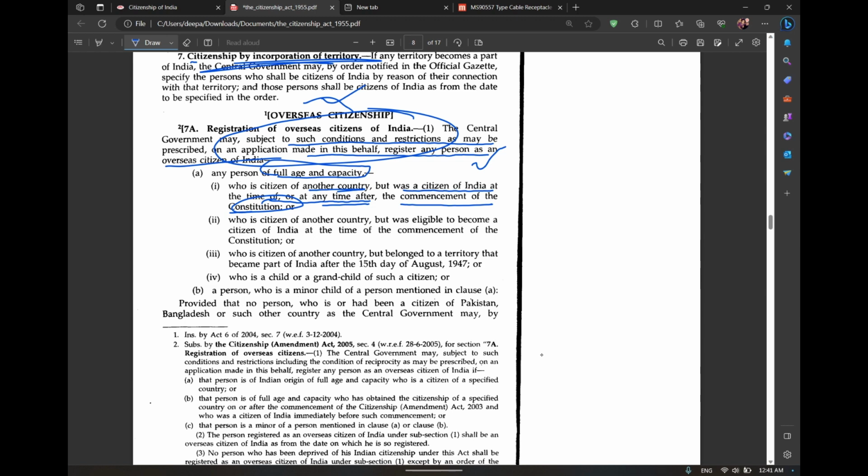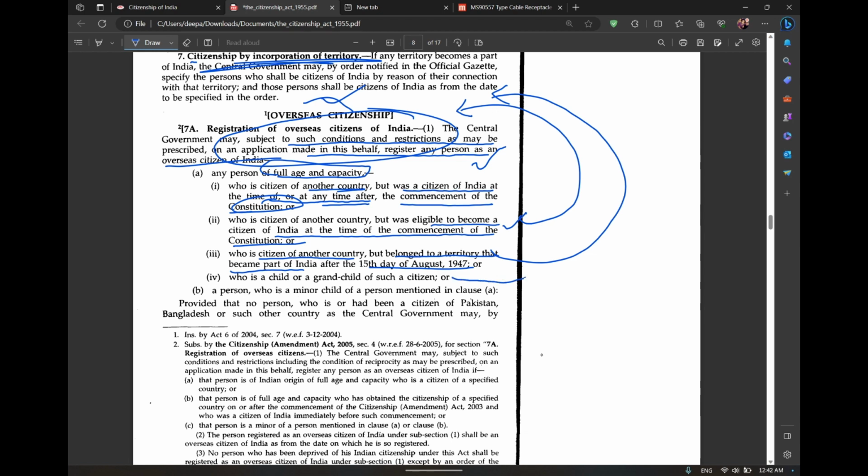Further, a person who is a citizen of another country but was eligible to become a citizen of India at the time of commencement of the constitution. If those persons were not given citizenship, that person can also be given a citizenship called overseas citizenship. Further, who is a citizen of another country but belonged to a territory that became a part of India after 15th August 1947, those people can also be considered under overseas citizenship, but they have to apply for it. A child or grandchild of such a citizen will also be considered under overseas citizenship.